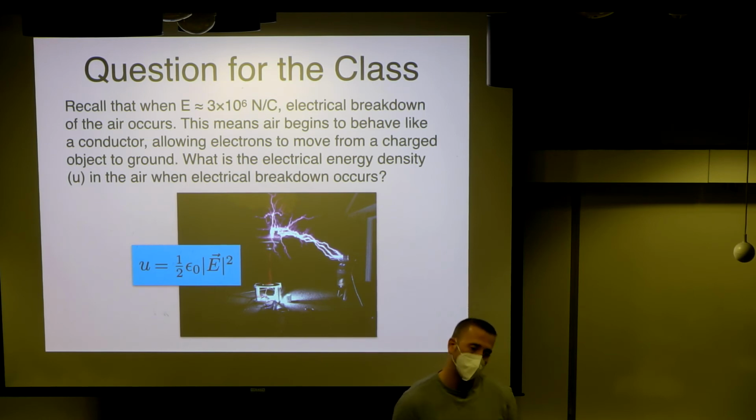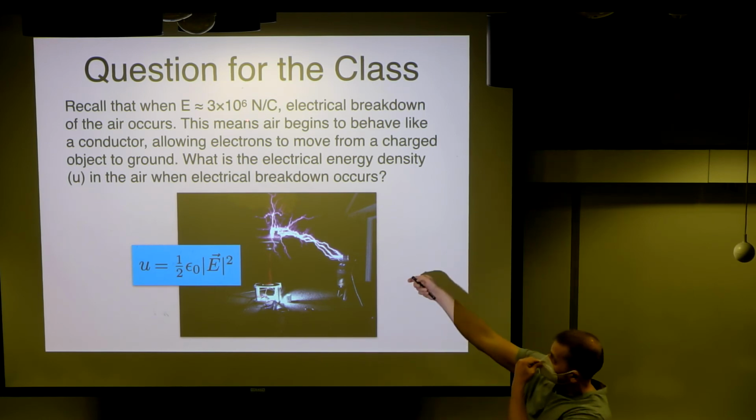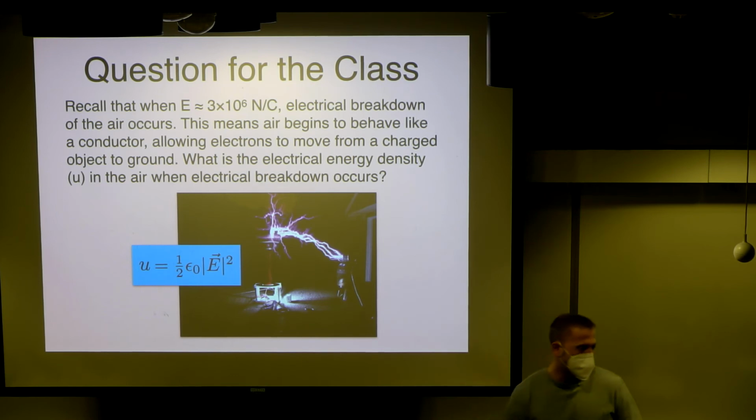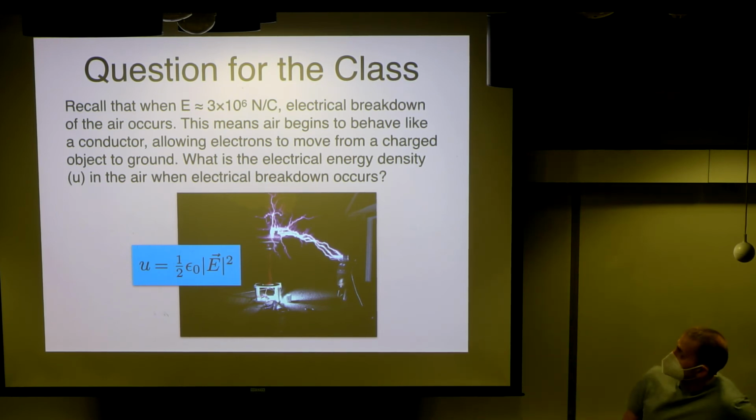So for example, if we're talking about the air, if the electric field gets as high as 3 × 10⁶ newtons per coulomb, that's when electrical breakdown will begin to occur. And you'll get this sort of situation where you'll discharge a charged object through the air.